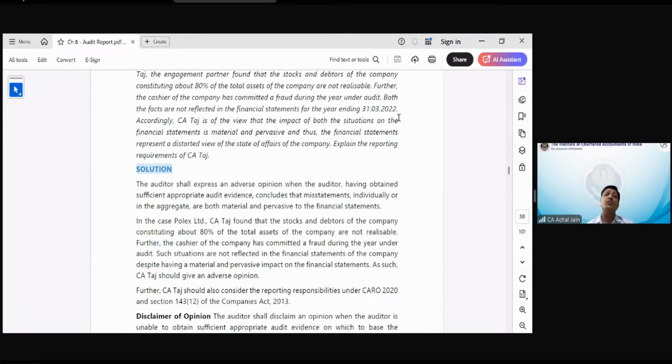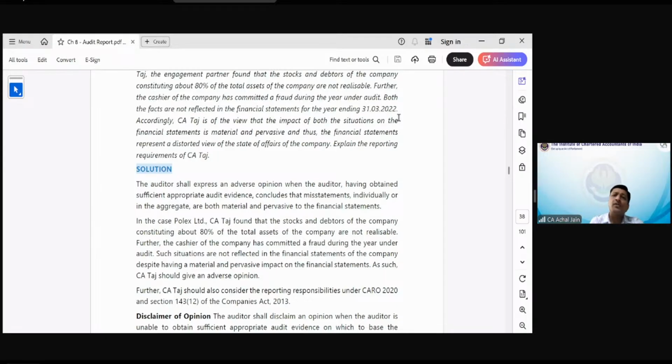See, in the given question, please understand that the assessment is not required to be done by you. So that's why this question is so much easier, isn't it? You just need to look at that table and get on to the reporting implication. Because every time if the situation is given to you and you have to decide whether it will be material or not, pervasive or not, that's going to be a challenge because that becomes judgmental.